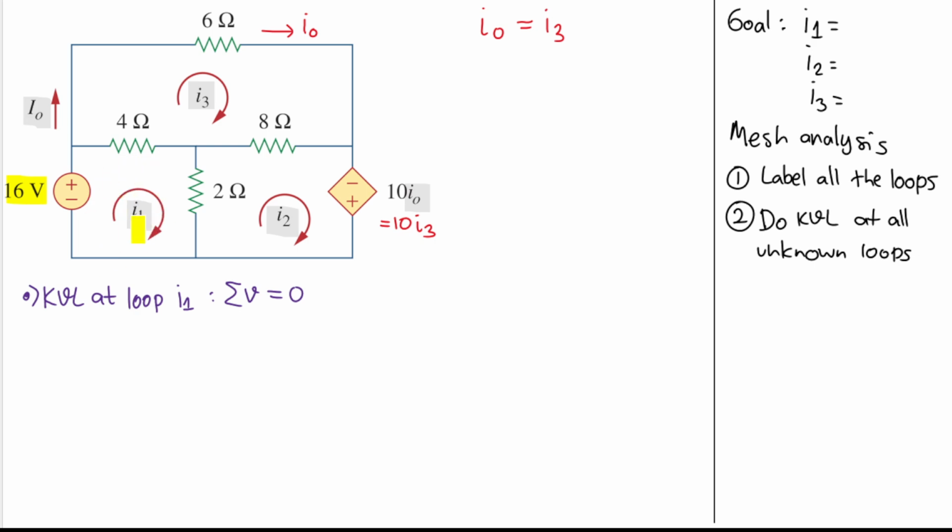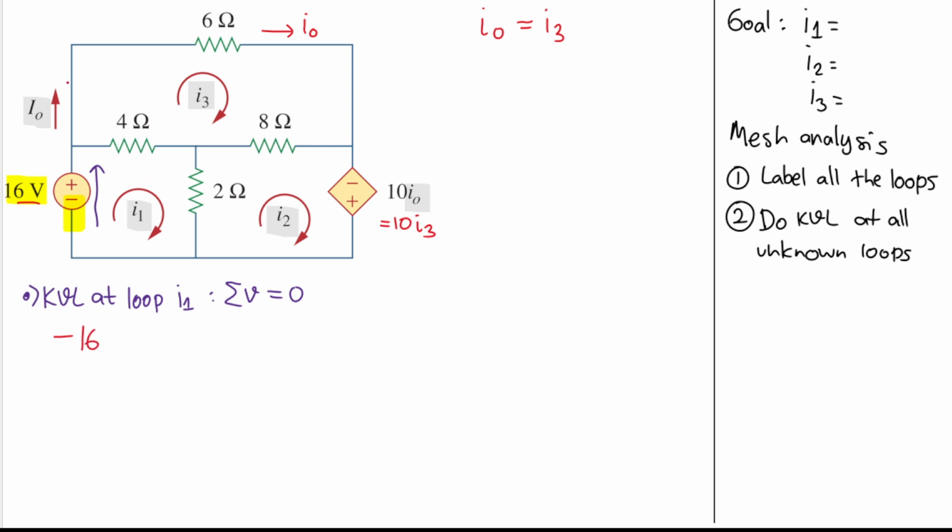Here the current is flowing clockwise like this, so the current flows from the bottom side to the upper side, right? But this current is flowing from the negative terminal to the positive terminal. So it enters from the negative terminal, and our sign will be negative. So we'll have minus, and this is already a voltage, so we will have 16 here.